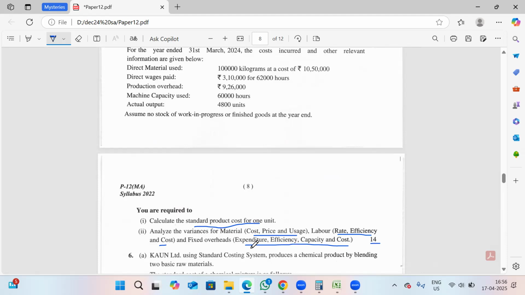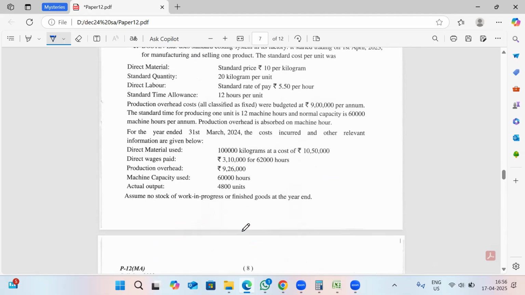Here, at least 1 mark will be given to standard product cost. Without calculating the standard product cost, you won't get the full marks. So you have to cross check once after finishing your answers whether you have calculated all the necessary items which they asked.